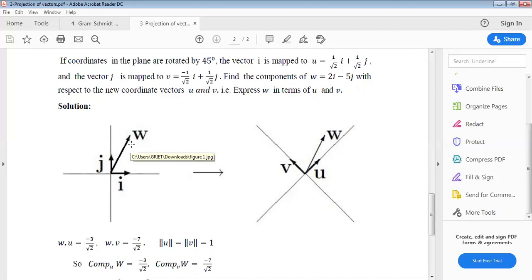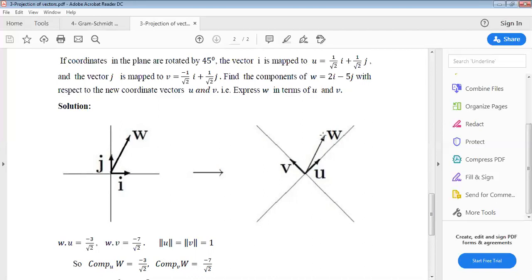Now we want to find the components of w with respect to the new coordinate vectors. So this is our u and this is our v.